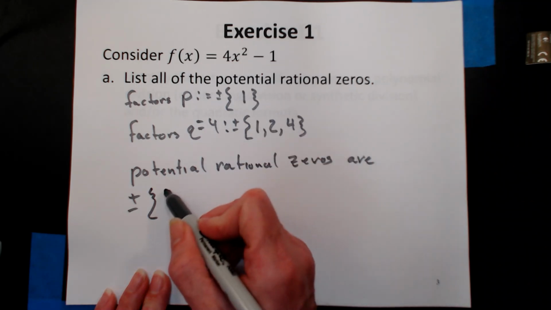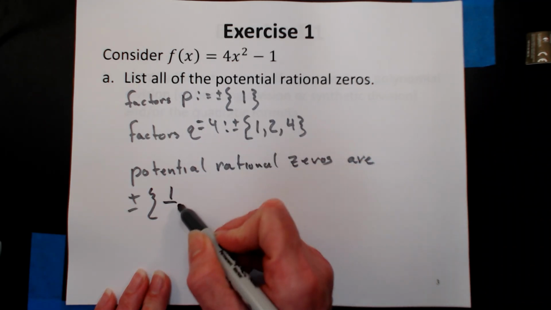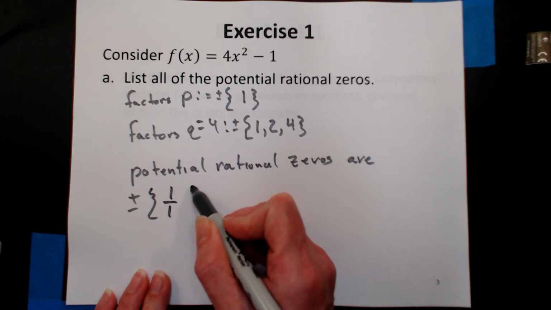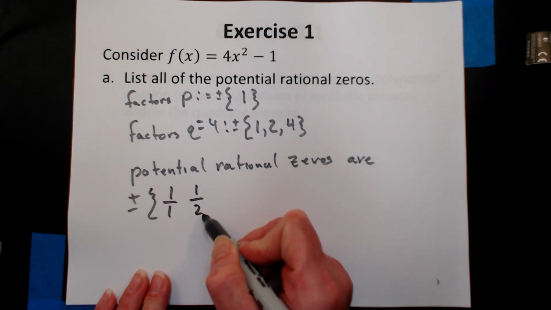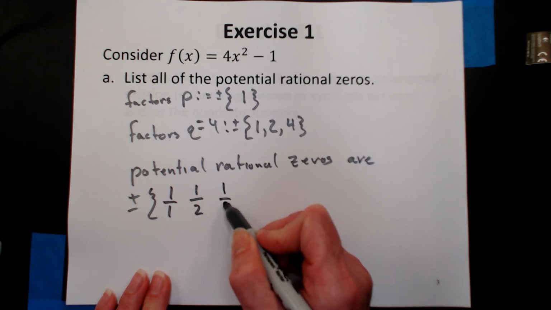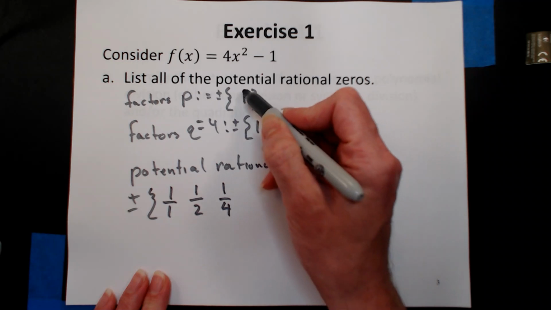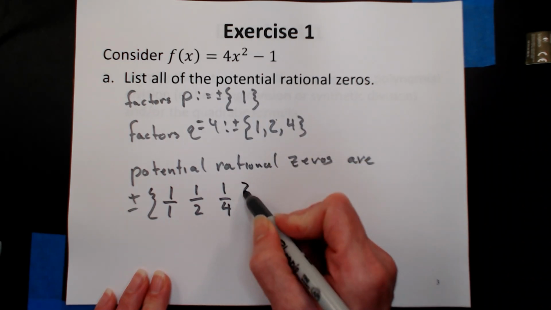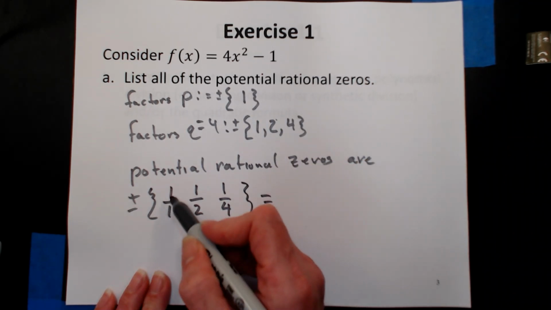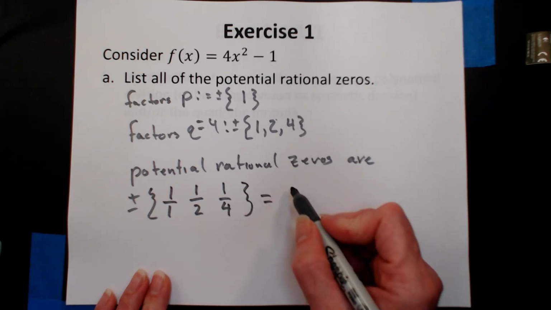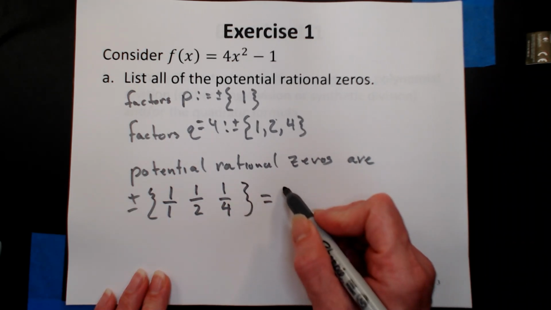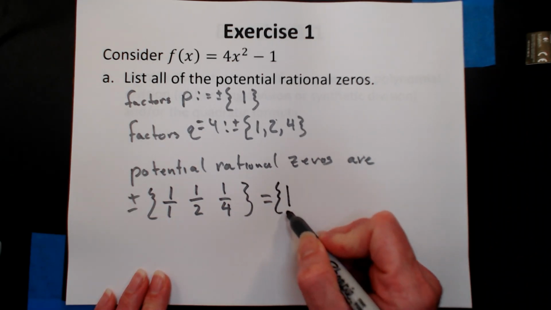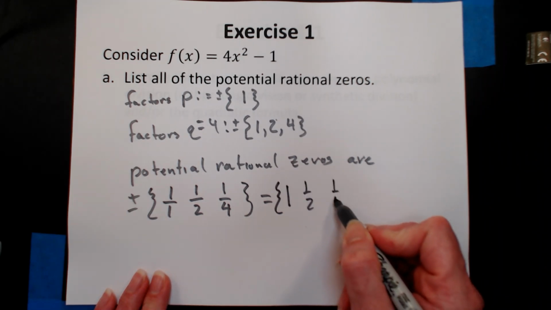I like to say p over my factors of q. So I have 1 over 1, 1 over 2, 1 over 4. Of course, you wouldn't write anything with fractions that are unsimplified, so instead of writing 1 over 1, you'd actually write it as 1, 1/2, and 1/4.